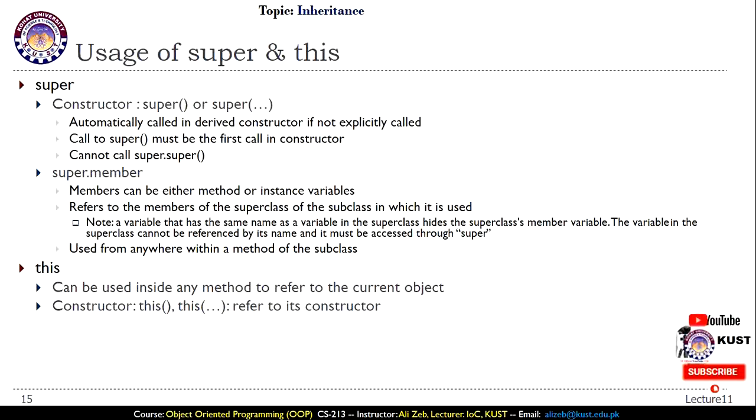So for example, this with empty brackets will refer to the empty constructor, and this with arguments will initialize any values in the constructor with the values that we pass as arguments between the brackets. You can see that in one of the examples that we discussed in the previous lecture.